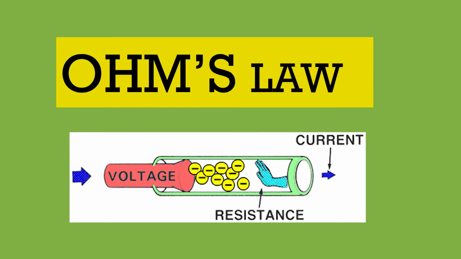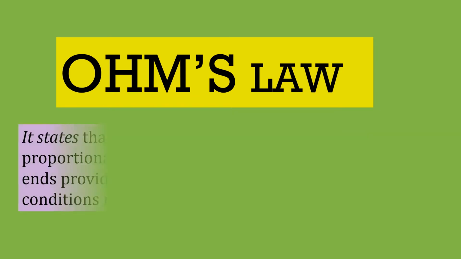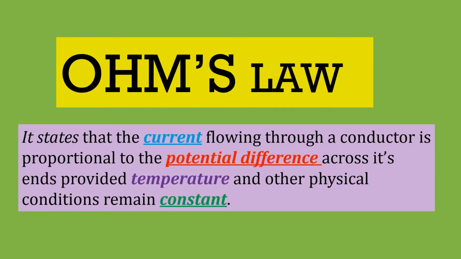Ohm's law was discovered by a famous scientist called Simon Ohm, and he stated that the current flowing through a conductor is proportional to the potential difference across its ends, provided the temperature and other physical conditions remain constant. Physical conditions like the area of the conductor. We can also talk about the length of the conductor.